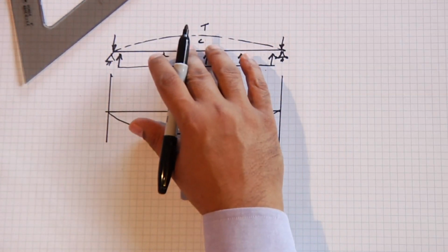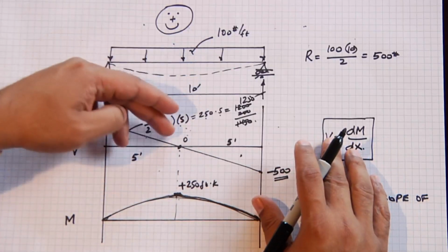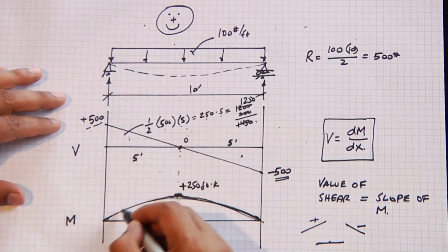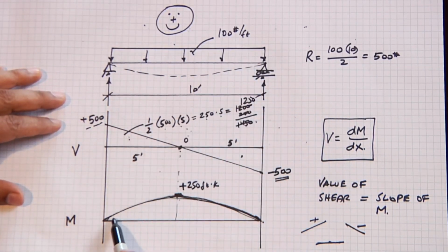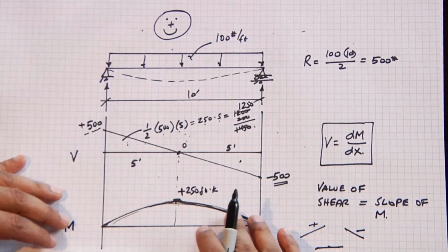That's if we reversed. I'm just trying to show you the simplicity of understanding the sign convention on the moment diagram. Positive load going in the downward direction, which results in an elastic curve as such, gives us a positive moment diagram. Let's do another example.